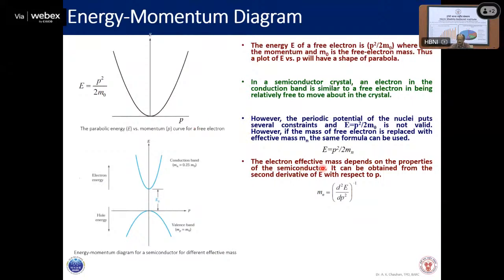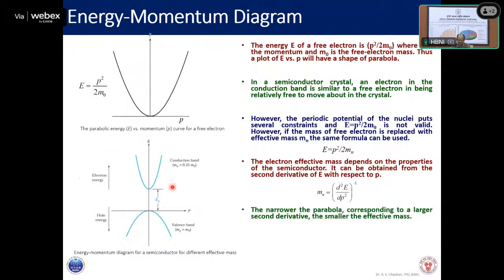Then the electron effective mass depends on the properties of the semiconductor. It can be obtained from the second derivative of E with respect to p. So you have this p and this E curve, and if you take the second derivative, d2E by dp square, the inverse of that gives you the effective mass.